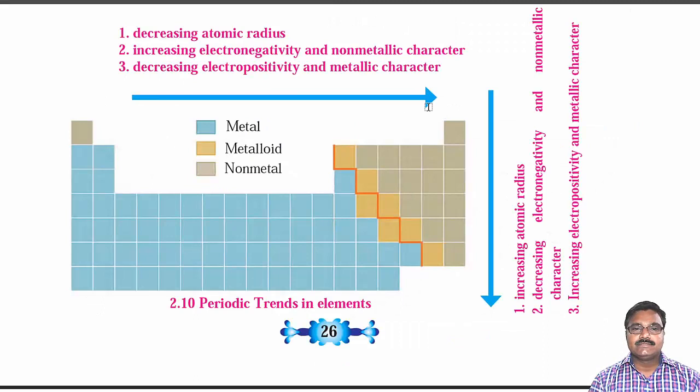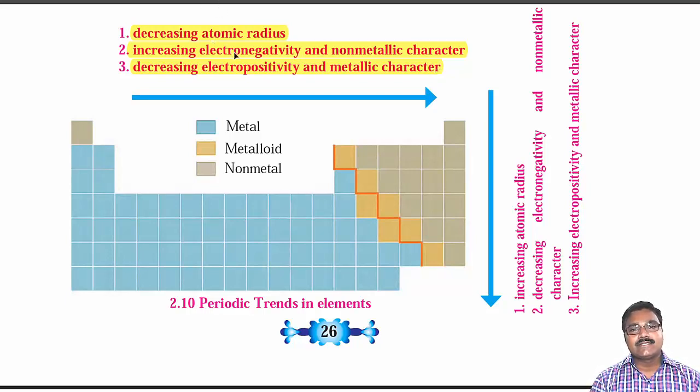In this table you can easily understand the metallic character of the elements. Here you will see the decrease in atomic radius as we move from left to right, and an increase in electronegativity. Electronegativity goes on increasing, that means non-metallic character goes on increasing, and electropositivity decreases, and therefore metallic character goes on decreasing.